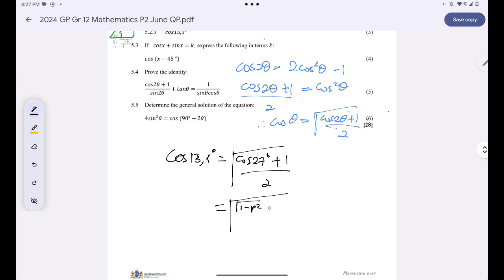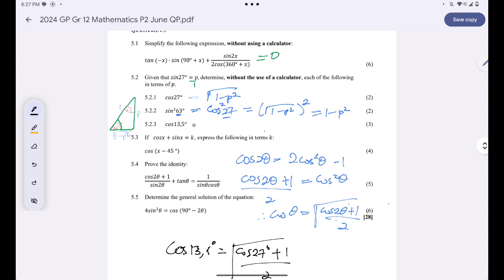That's 1 minus P squared. So here I just need to say this is equal to the square root of 1 minus P squared plus 1 all over 2. This will give me the half angle for cos.